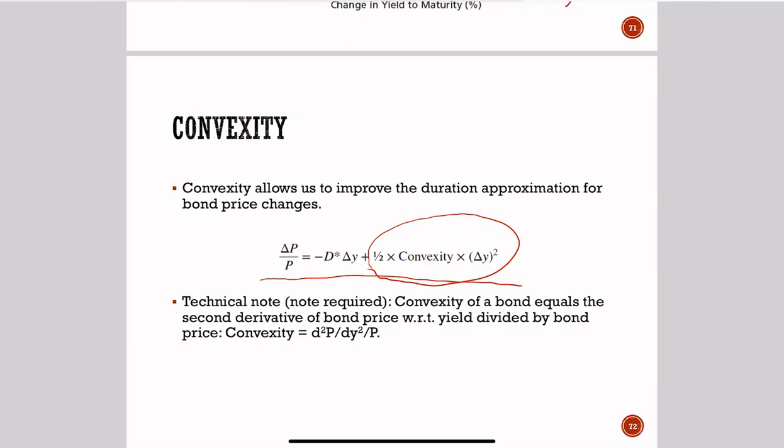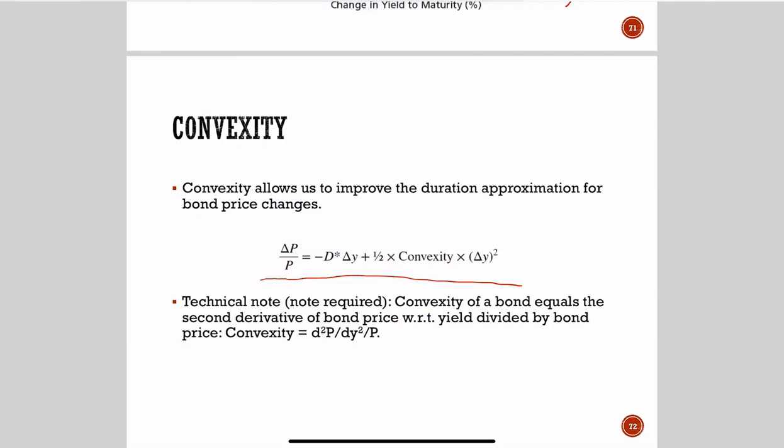So we could modify this by adding the convexity term here. A more accurate formula is that the change in bond price equals minus modified duration times the change in bond yield, plus 1/2 times convexity times the change in yield squared.